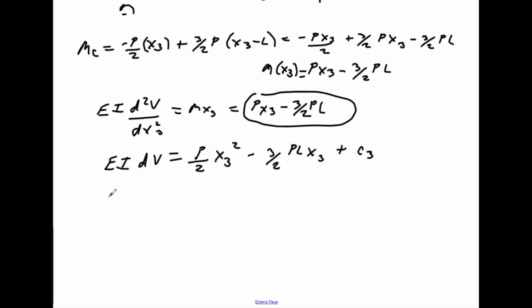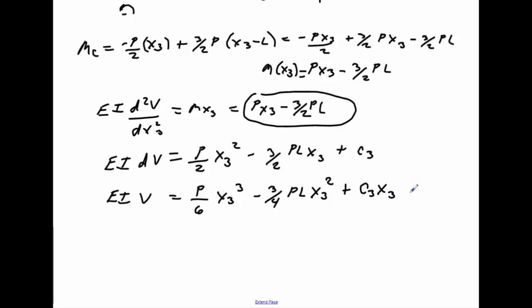We integrate this again on this side here. I'll get E I times V is equal to P over 6 x3 to the third power minus, integrate that, 3 over 4 P L x3 squared plus C3 x3 plus C4.